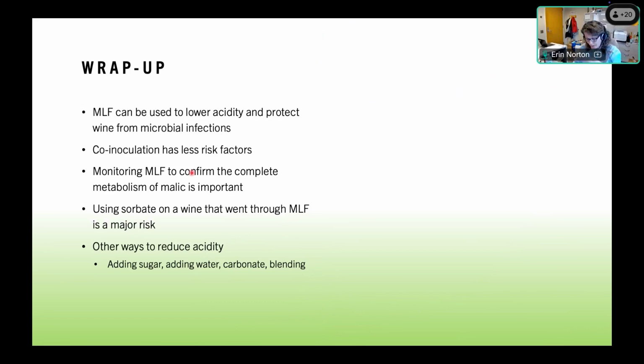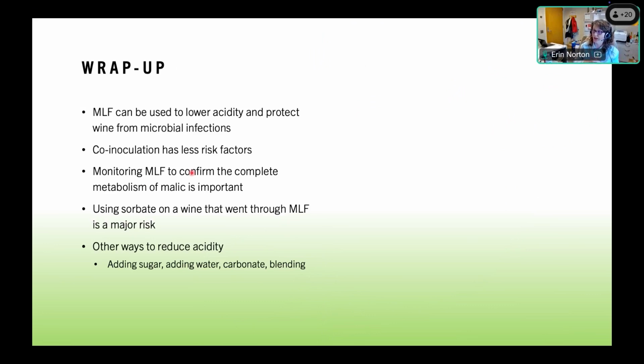So to wrap up, malolactic fermentation can be used to lower acidity and protect wine from microbial infections from lactic acid bacteria. Co-inoculation, in my opinion, has less risk factors. Doesn't mean you should do it.